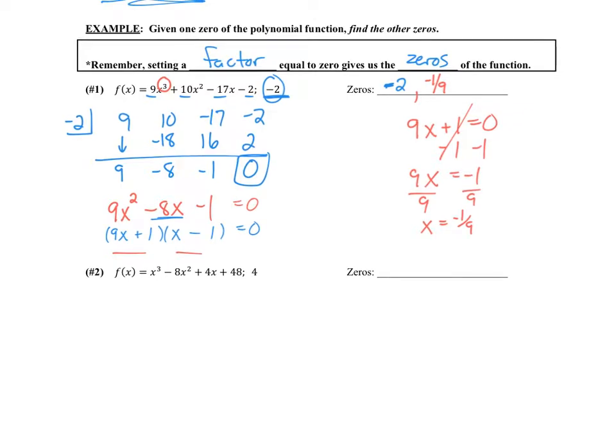Take the other one, x minus 1, and set that equal to 0. We add 1 to get x equals positive 1. So our last 0 is 1. So the zeros we get are negative 2, negative 1 over 9, and positive 1. And we got that by doing synthetic division and then factoring and finding the other zeros by setting them equal to 0.